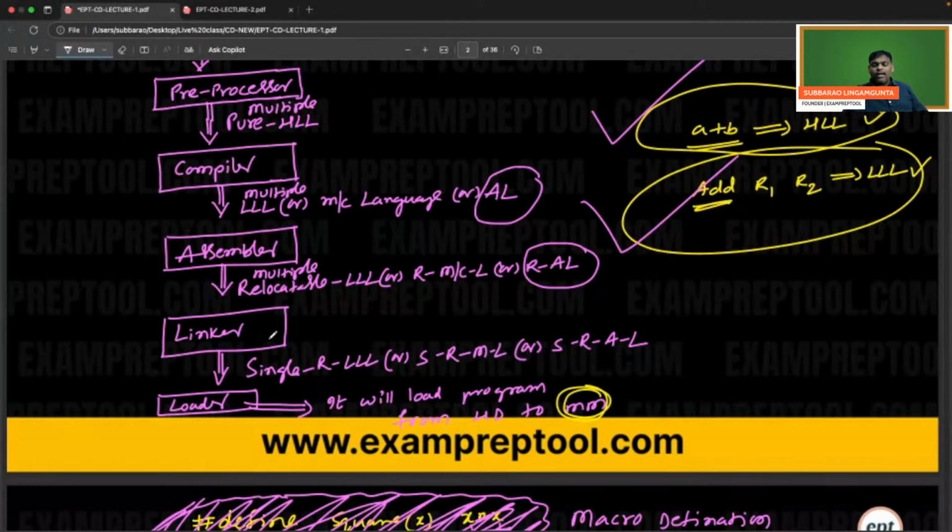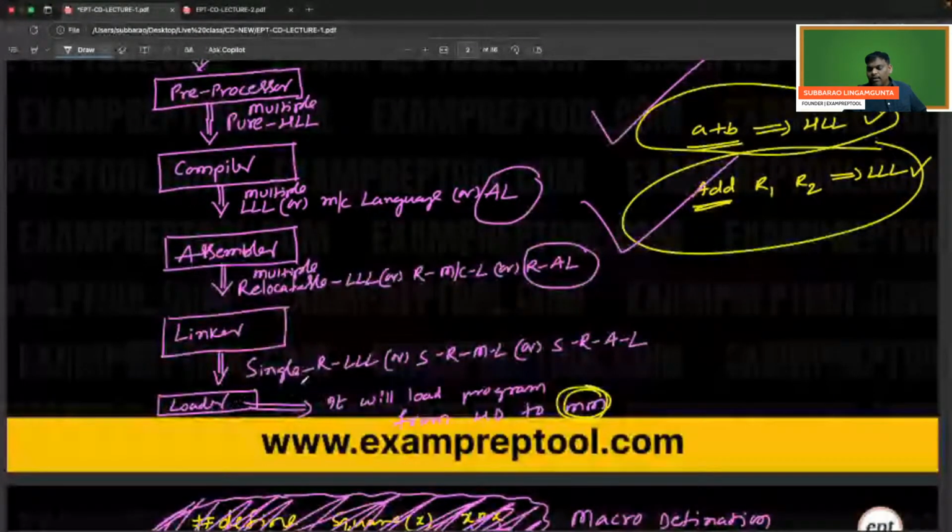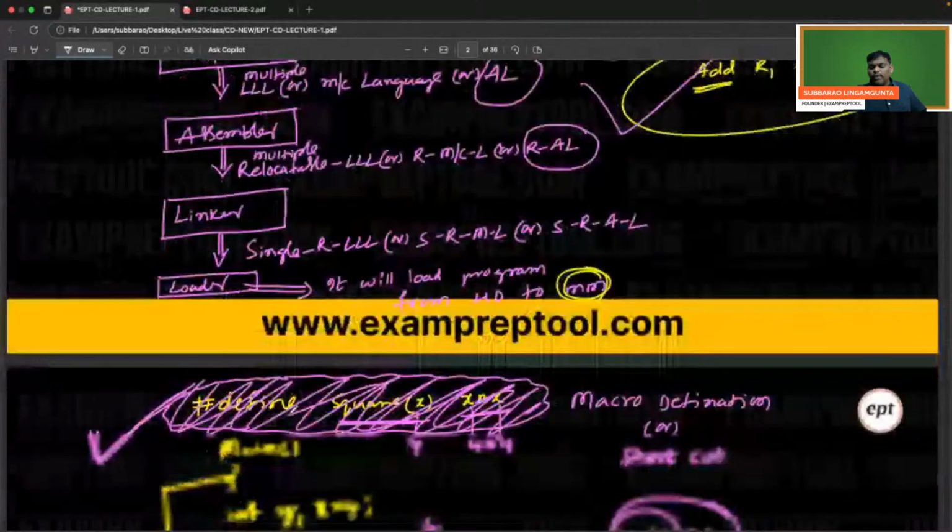The linker will link all necessary things and make them as one. So it will keep them in the bag and zip them, which is nothing but making one big file of the associated things. It will make it a single file. Then afterwards the loader will load the program from hard disk to main memory. So this is what we did yesterday.